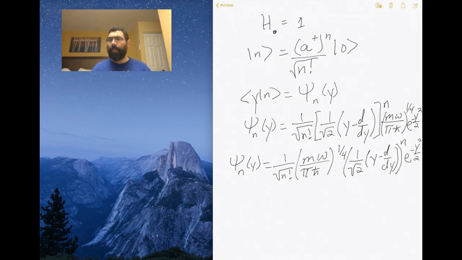Okay, so let's kind of pull some of this together. If it's the 1/4 power, then the square root of n factorial is just n factorial squared. So I have m omega over pi h bar n factorial squared.